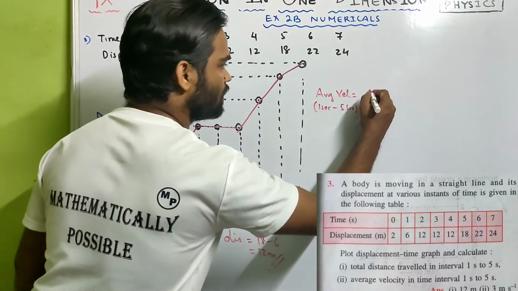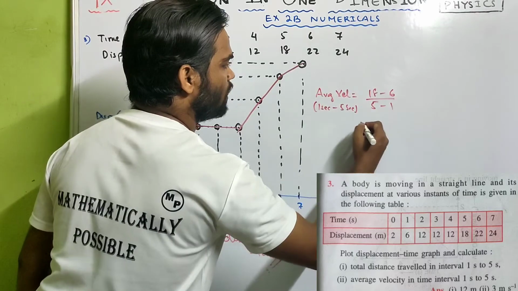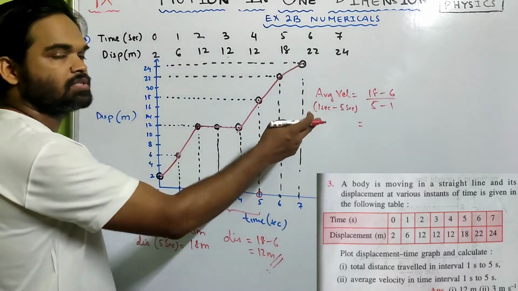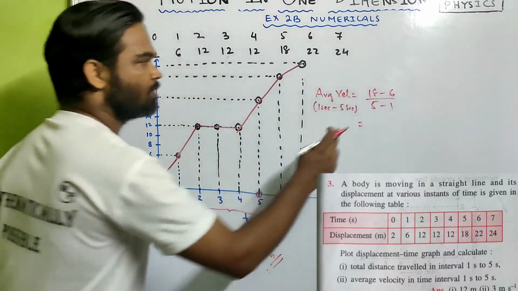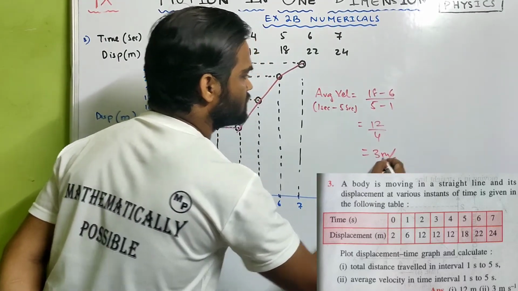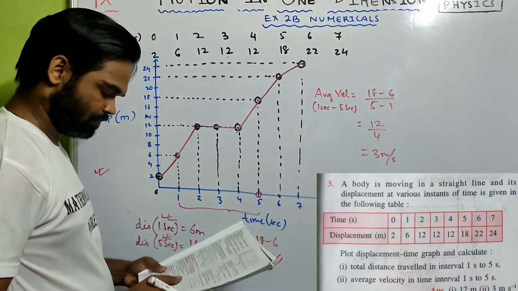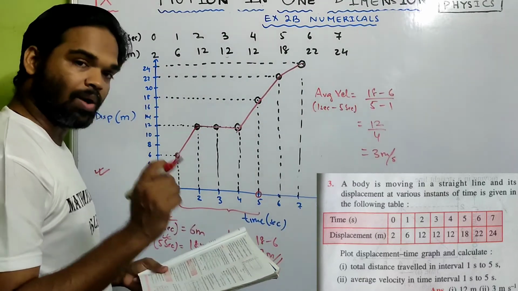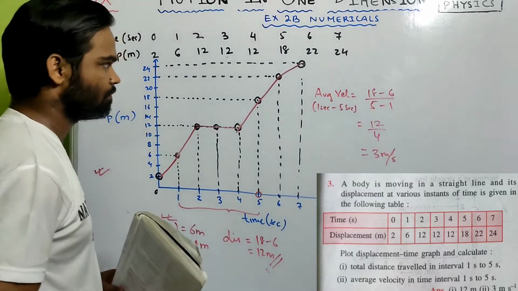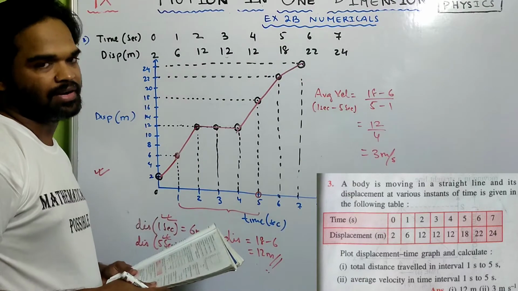So displacement will be 18 minus 6. Time was what? 5 minus 1. Average velocity is what? Total displacement by total time. So this is 12 by 4. That's 3 meter per second. That's the average velocity in time interval 1 second to 5 second. Clear? Now let us look at the next one.